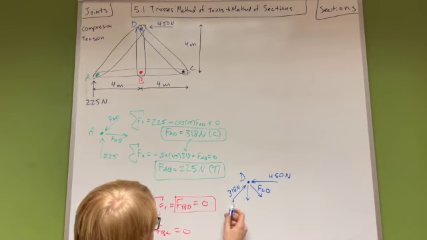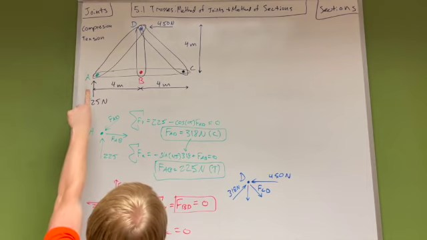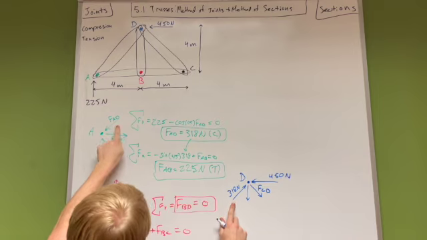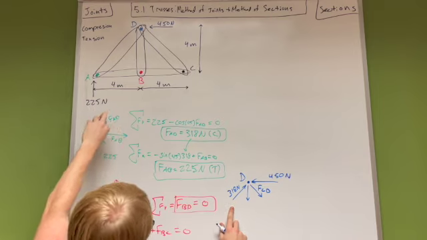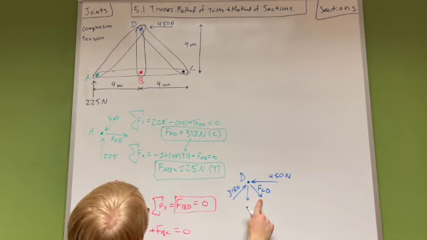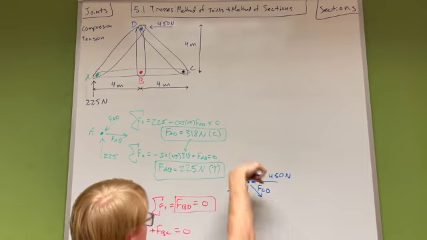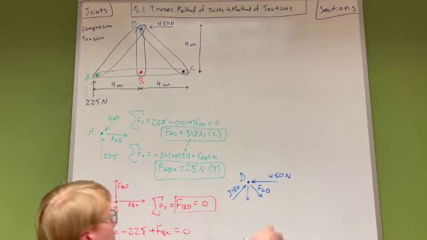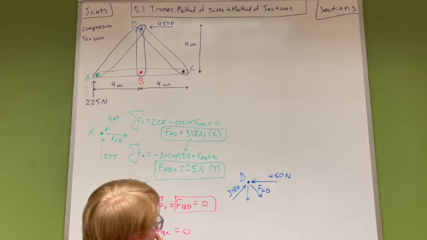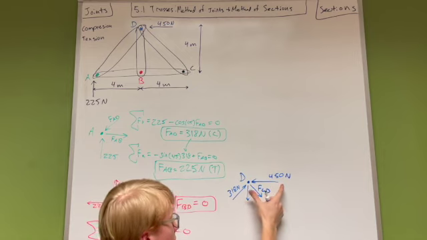This right here is the 318 newtons, the FAD. It's equal and opposite. See how this one is in compression, and this one is also in compression. FCD, that's the one that we don't know, right? But we know it's going that direction, it's in tension, because we know the two directions of these two forces.